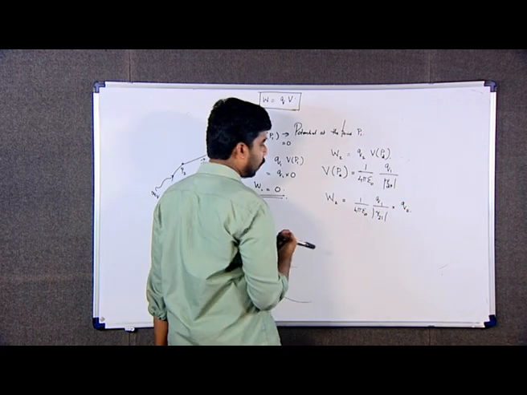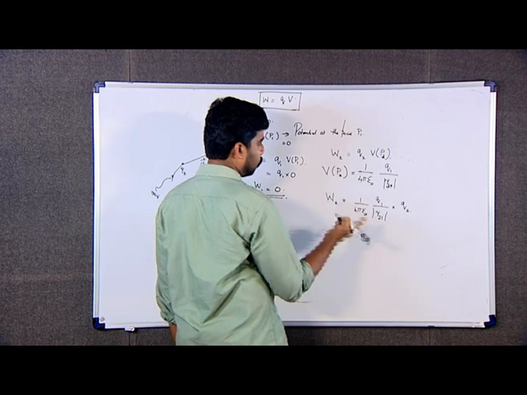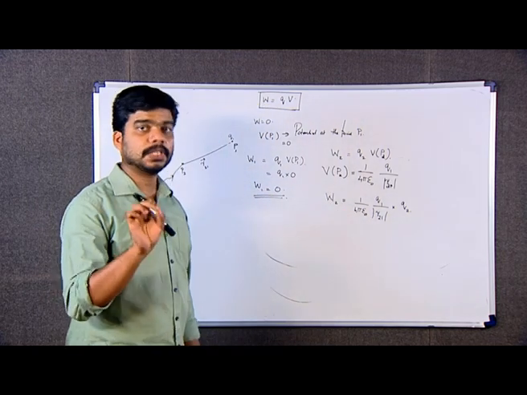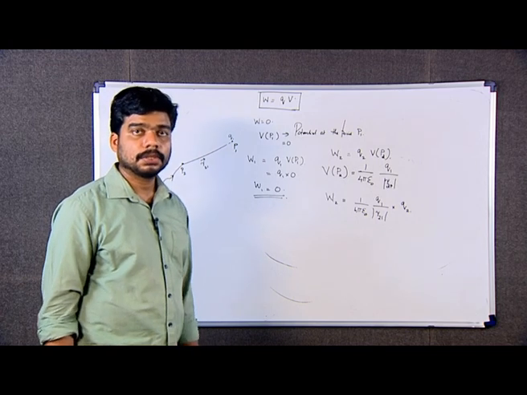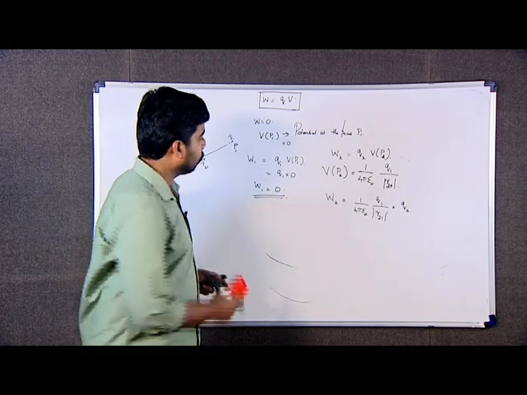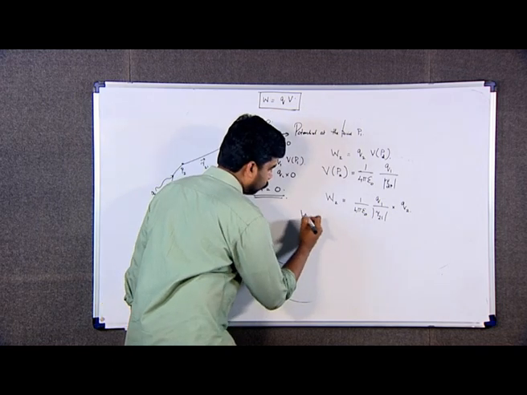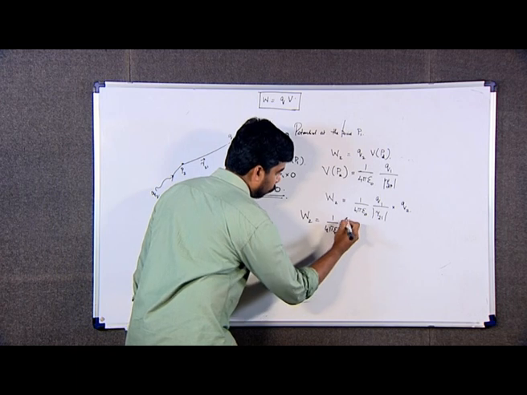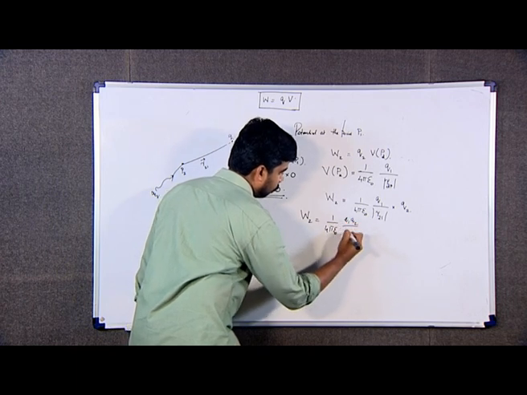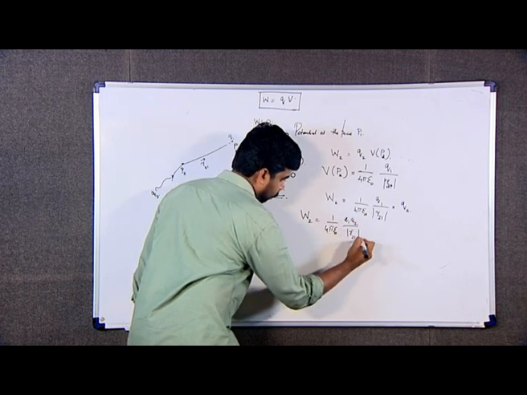So, this is the work done in assembling a charge Q2 in the presence of another charge Q1. So, I can write it as W2 is equal to 1 by 4 pi epsilon 0 Q1 Q2 by modulus of R21.